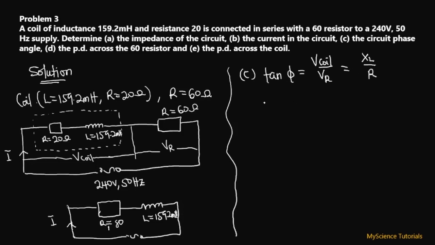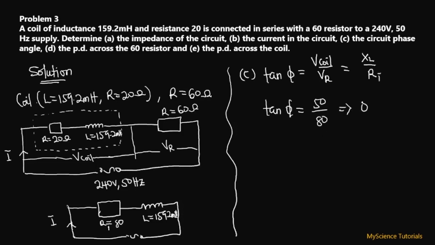So the tan of the phase angle is equal to XL, the inductive reactance we found earlier to be 50, over the total resistance, which is 80.